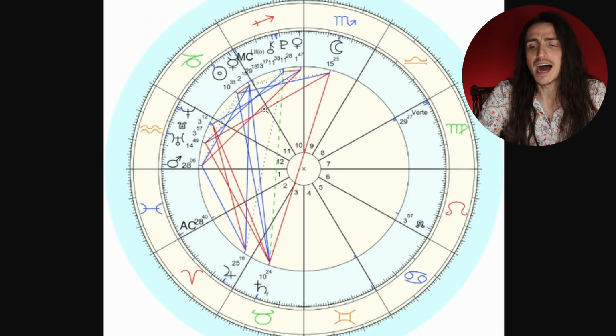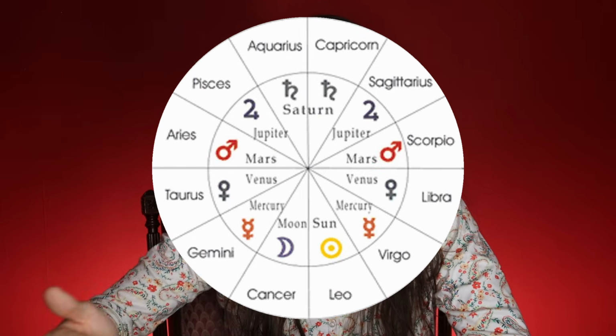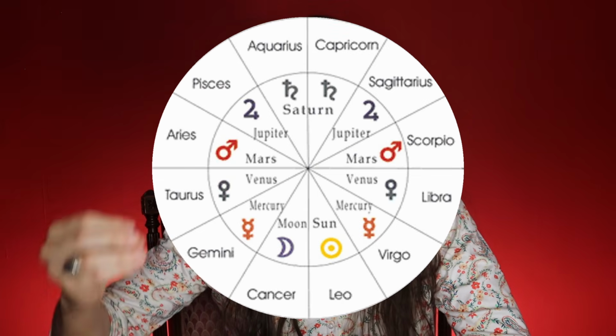Now, as I said before, the houses that have a planet in them are going to be a focal point in this person's life, and they're really going to be influenced by the presence of that planet. But if we have an empty house, for example, the 4th house in this chart is empty, you can always look at the planet that rules over the sign of that house.